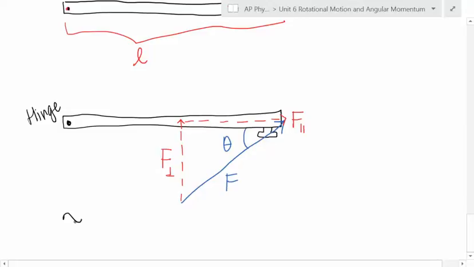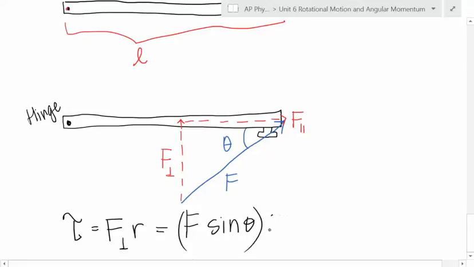So torque really should be written as the force that's perpendicular to the moment arm times R. And in this case, it would be the opposite of the angle, so sine. So F sine theta times L, where L is still the length of our door, the width of our door.